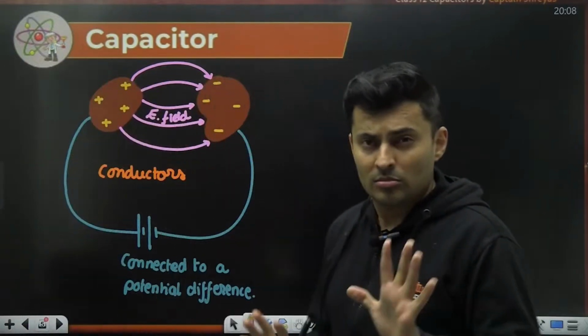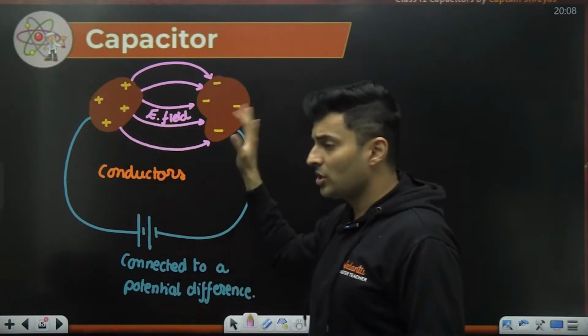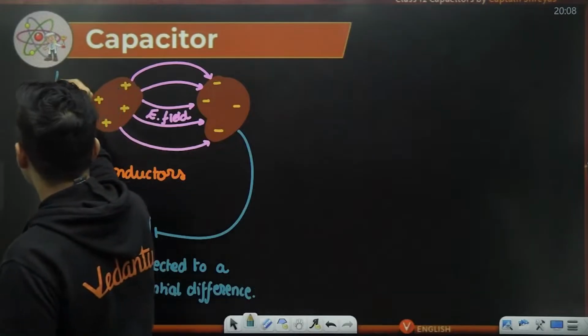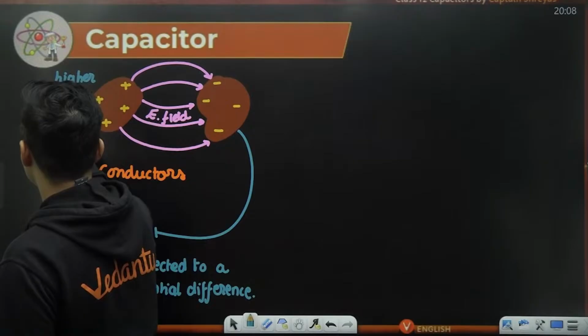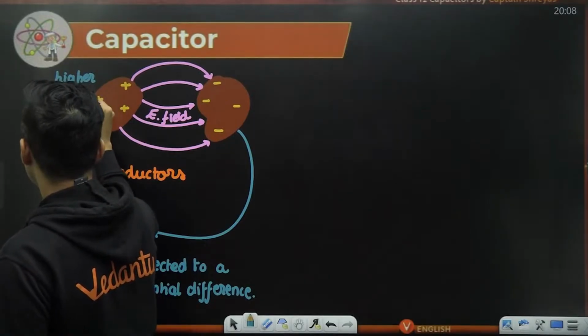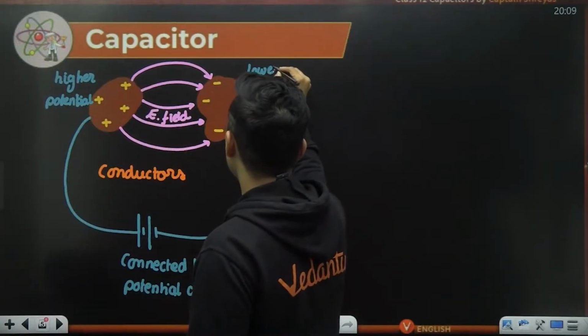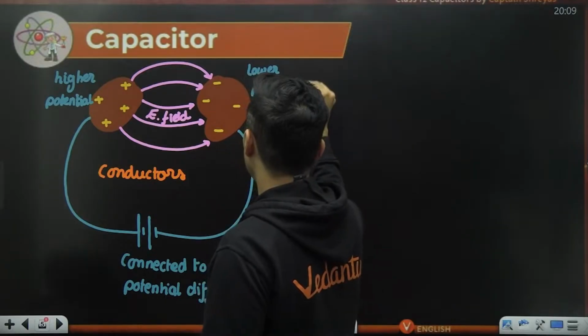Now, till this point, everybody clear? And electric field always goes from high potential to low potential. Please remember that. This conductor is at a higher potential, and this is basically at a lower potential because it is connected to the negative terminal.